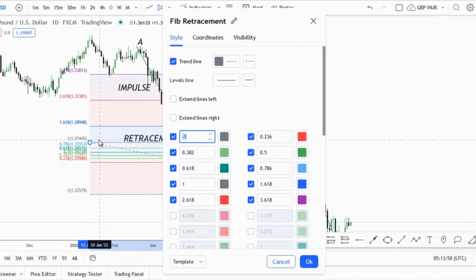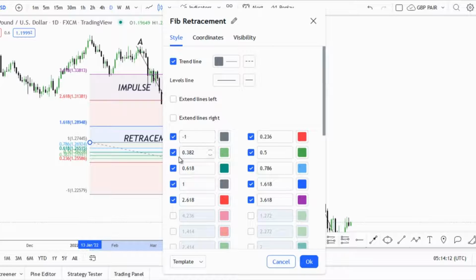When you click on the tool, it will bring up all the ratios. If you want to edit, you can edit, but I always advise you to leave the setting in default. So these are the most critical levels for Fibonacci.